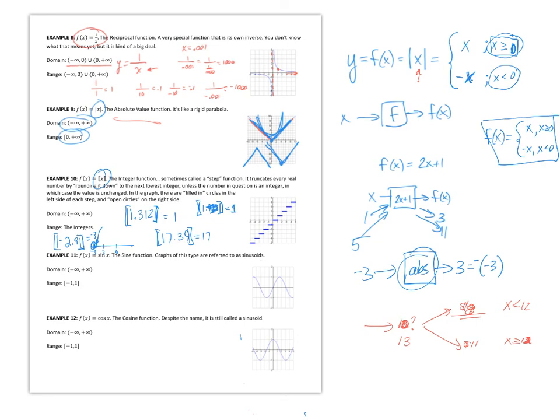Now, what does the graph look like? The only thing you're not really seeing here is what happens at the endpoints of these little steps. As I say up here, the filled in circles would be on the left side, because when x is 3, the integer value for 3 is 3.